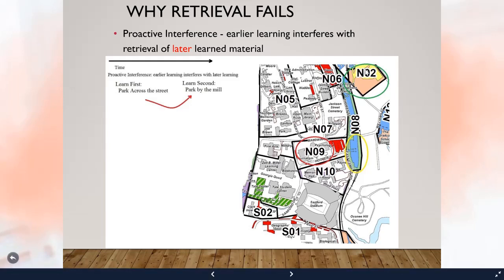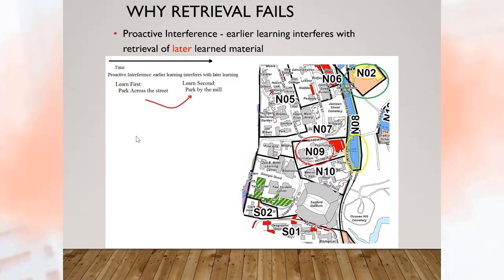And I would have to go down the street and park by the second mill, right? So each day I kept coming to that first parking lot. It was really hard to learn to go directly to the second parking lot because of this proactive interference, right? Whatever I learned first was interfering with my ability to now learn to park in a new place.